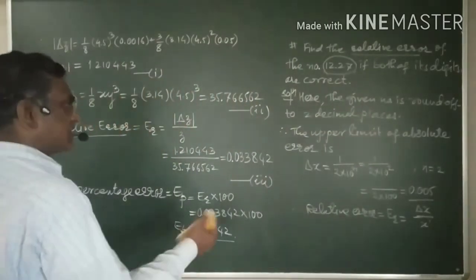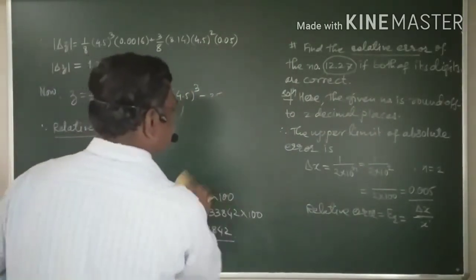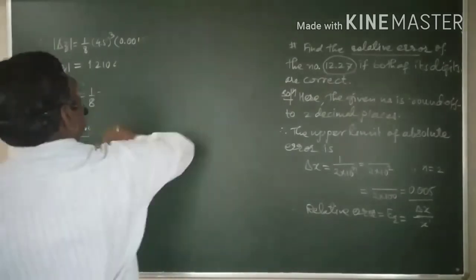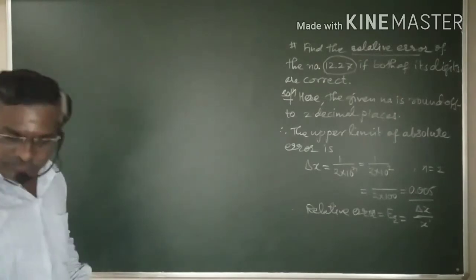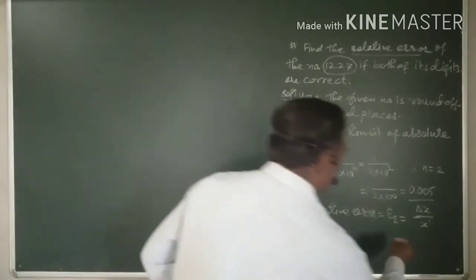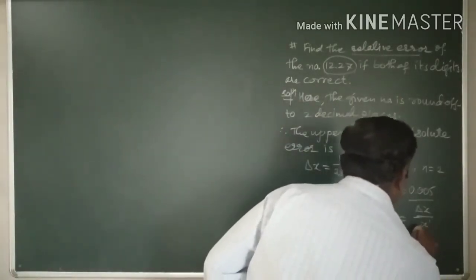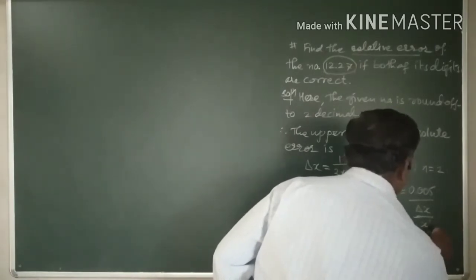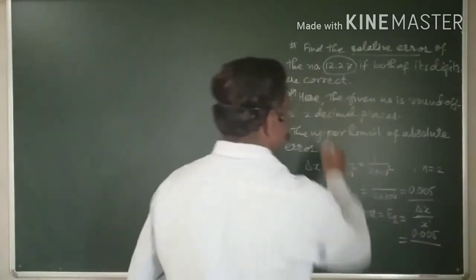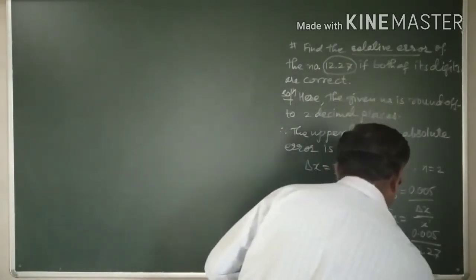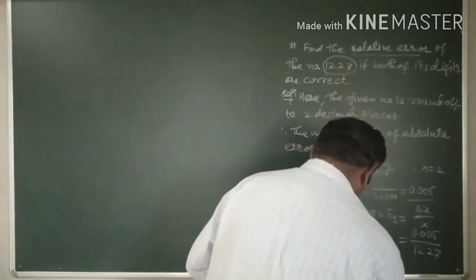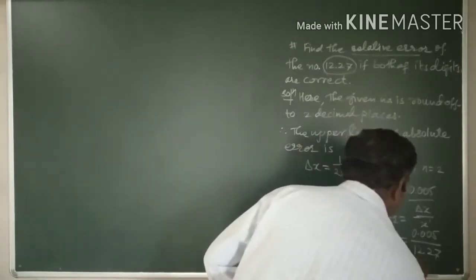Now this is further equal to 0.005 divided by 12.27, and if you calculate it, it is 0.004.